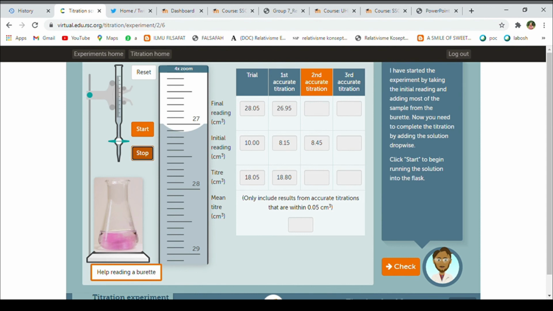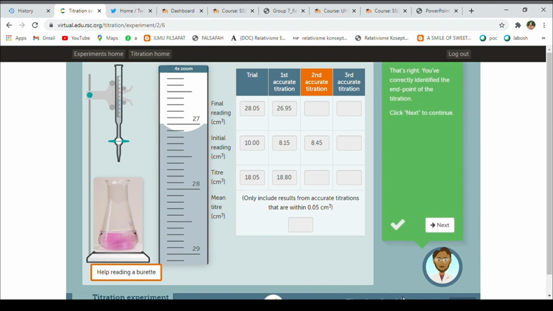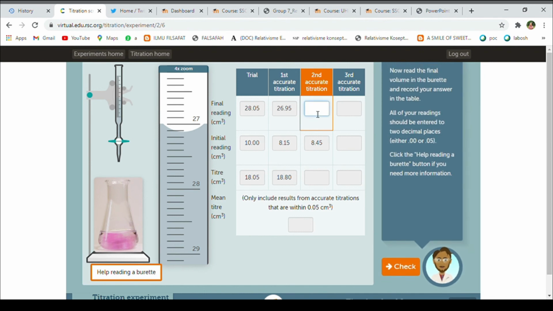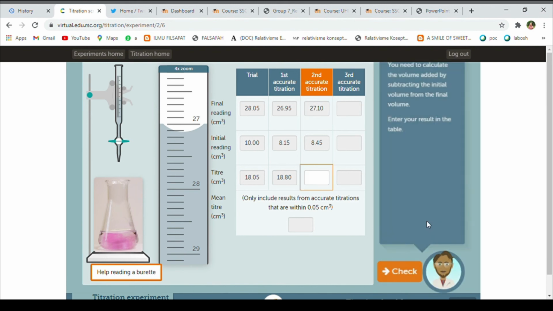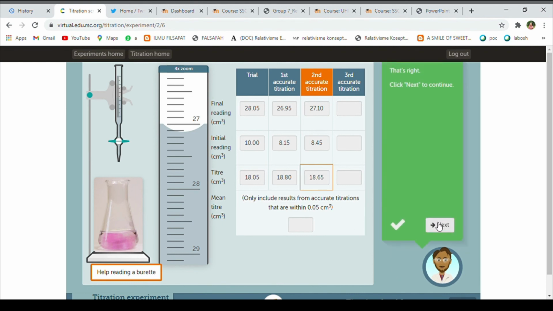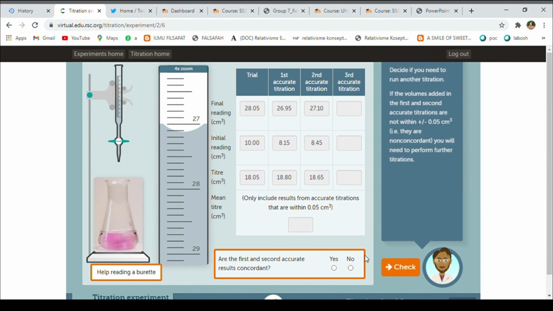As we can see, the color of the titrant is changing, so we need to mark the final reading, which is 27.10 cm³. And the titre that we get is 18.65 cm³. As the first and second titrations have some difference, they are not concordant.